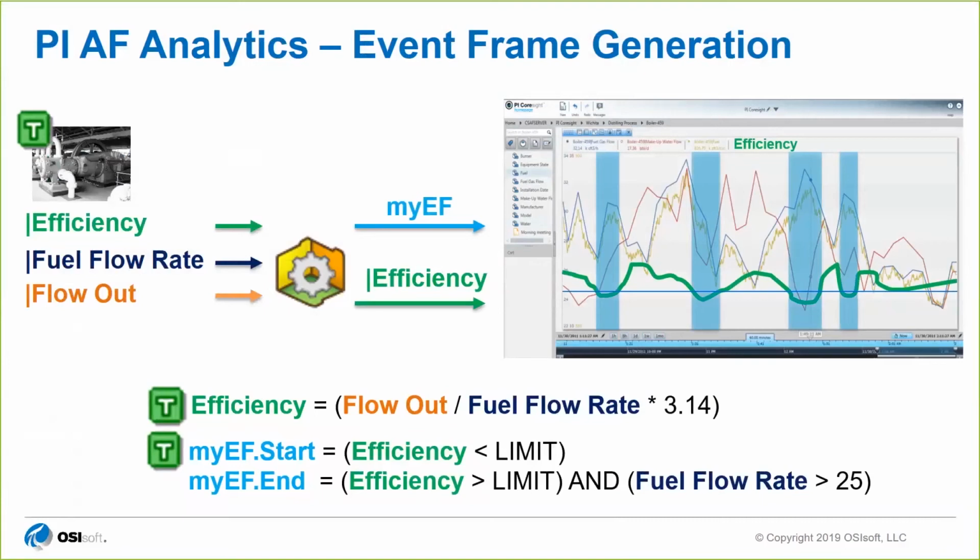So the concept of event frames is really an extension of the asset framework model, where the asset framework tells you what to look at, and the event frames tell you when to look. They're basically just chapters in data that are important to you, that you can go in and track how long they went on for, and which individual pieces of equipment are actually having these events more often than the other pieces of equipment.